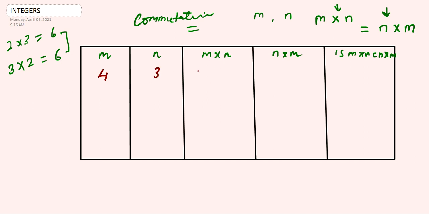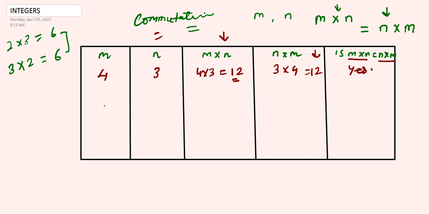M into N means 4 into 3, that is 12. 4 3 is 12. Now N into M, N is 3 and M is 4. 3 4 is 12. Is M into N equals to N into M? As you can see, in M into N we are getting 12, and same in N into M we are getting 12. So 12 and 12 both are equal. So yes, they are equal. So this is your commutative property.